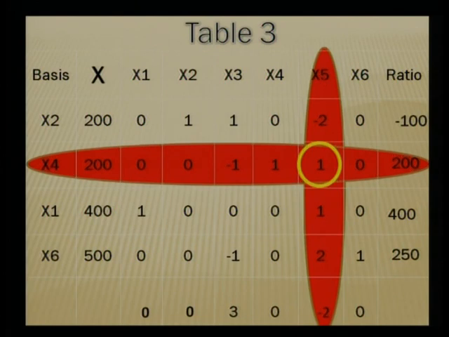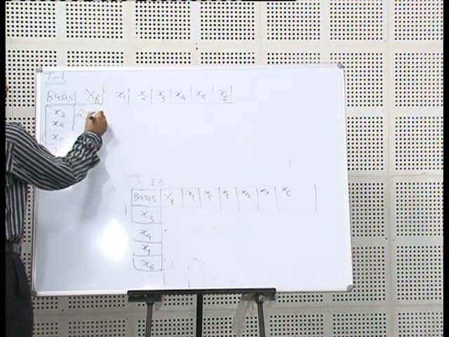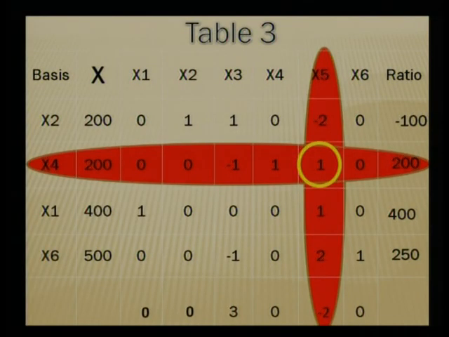They are 200, 0, 1, 1, 0, -2, 0. The second row, in fact the basis, is also changed now. It is x2, x4, x1 and x6.